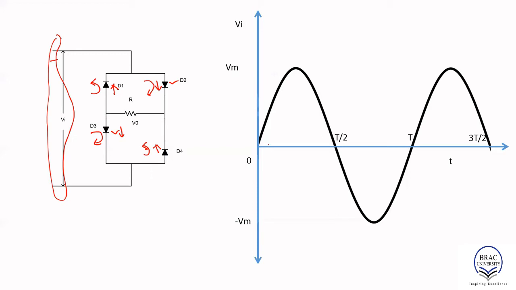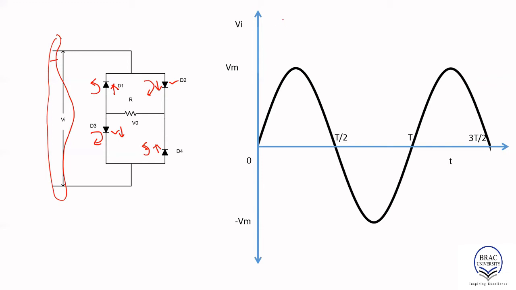Again, we are going to analyze the circuit for this signal. This is a sine wave with amplitude Vm. In order to analyze the circuit, we're going to apply the same steps that we applied to obtain the half-wave rectifier circuit. First of all, we need to determine the transition state voltage.